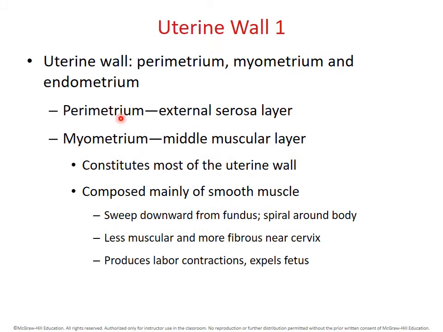So again, perimetrium, the outer layer, the myometrium, the muscular layer, which constitutes most of the uterine wall and is composed primarily of smooth muscle. And the arrangement of the muscle fibers is such that when they contract, you get a wave of contraction downward from the fundus, which makes sense if you're trying to expel a fetus, and it tends to have a twisting or spiraling motion as well.